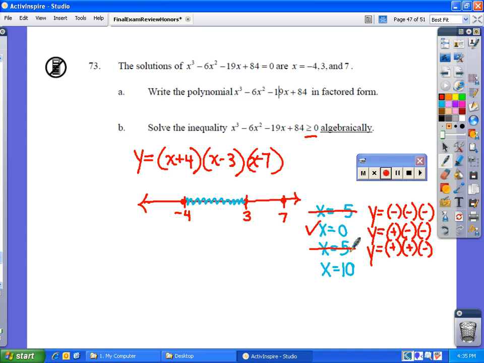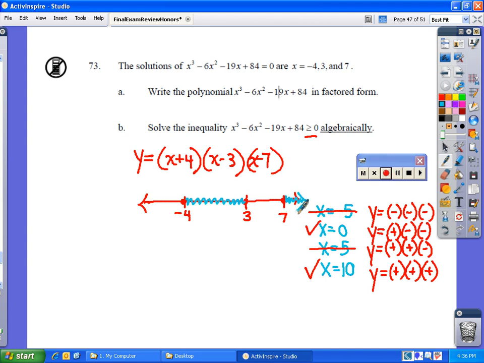Based on our results so far, x equals 10 should definitely work. 10 plus 4 is positive, 10 minus 3 is positive, and 10 minus 7 is also positive. Therefore, y is positive, and this section of our graph, again, satisfies the inequality.